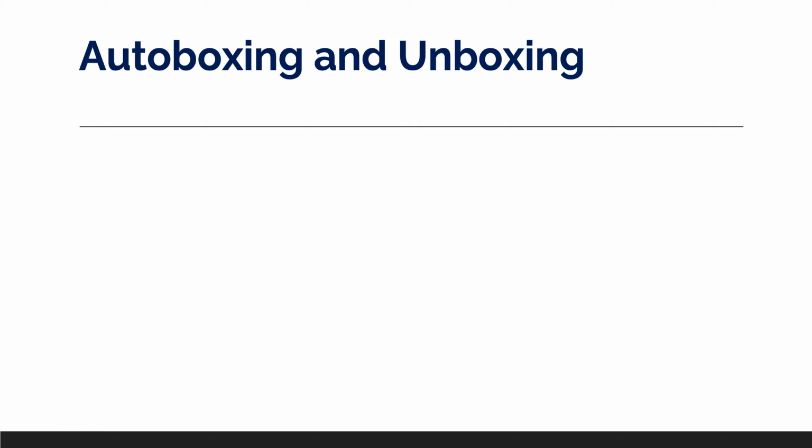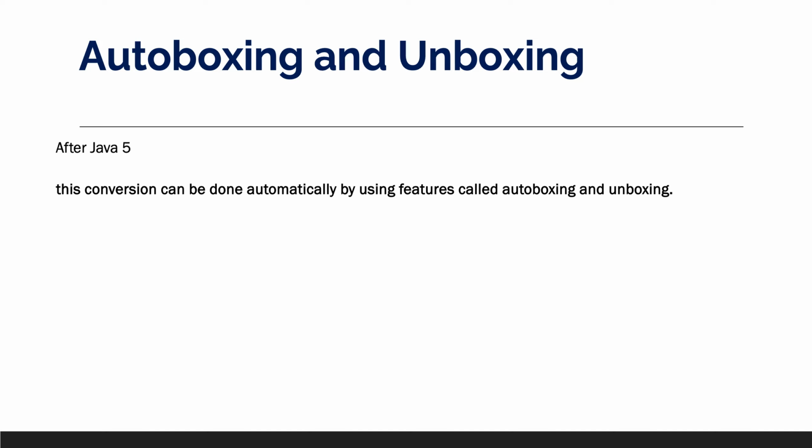So that conversion from primitive to wrapper class is called autoboxing, and from wrapper back to primitive it's called unboxing. Before Java 5 it required lots of handling and manual conversion, but after Java 5 this conversion can be done automatically by using the feature called autoboxing and unboxing.